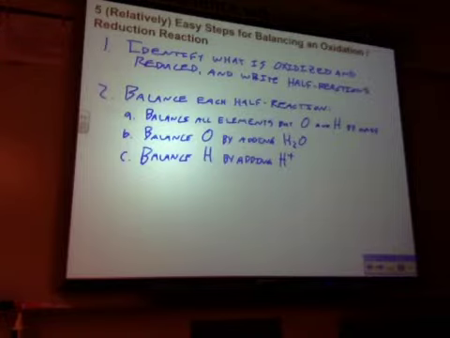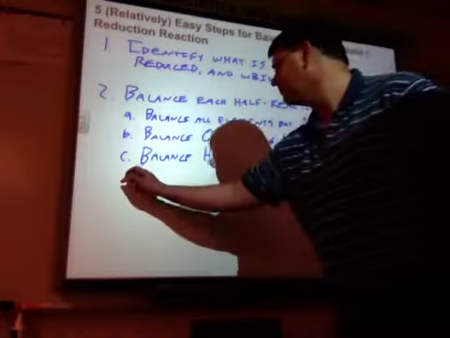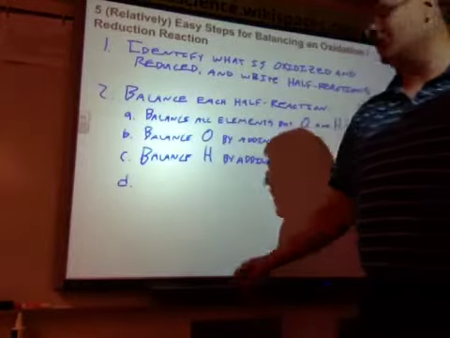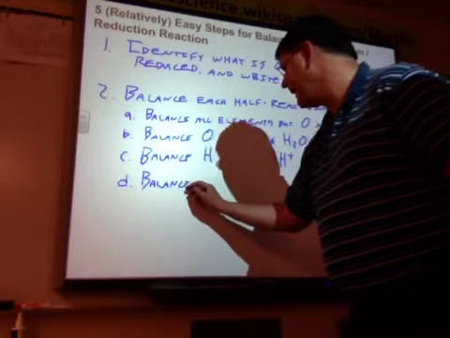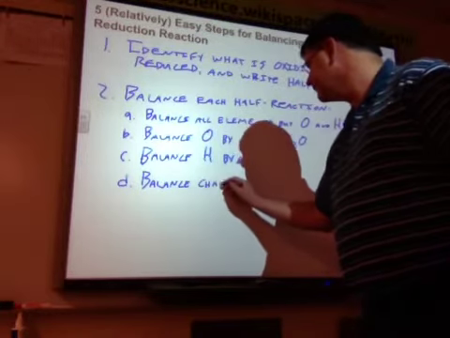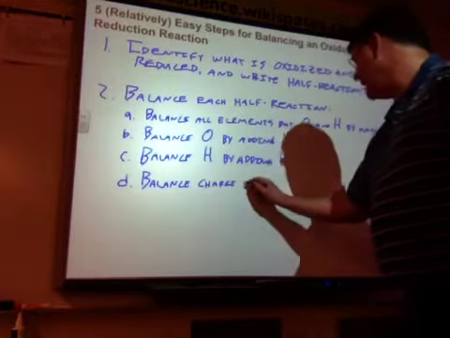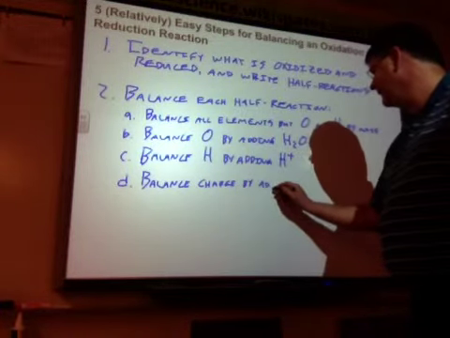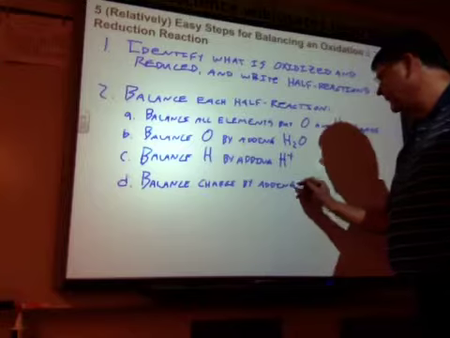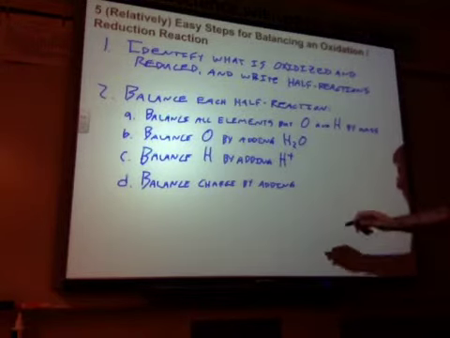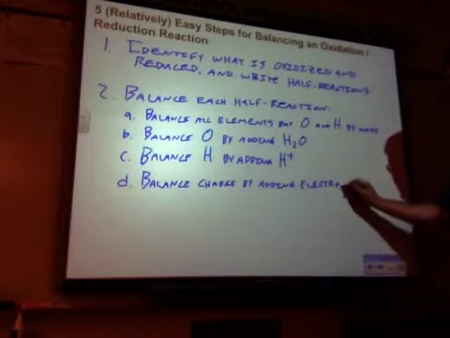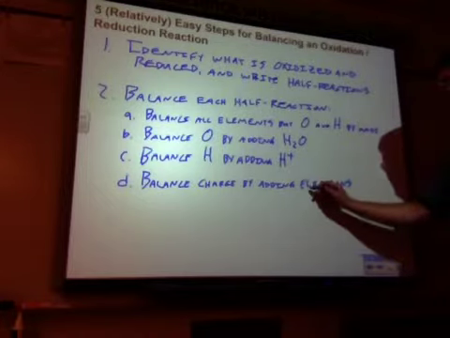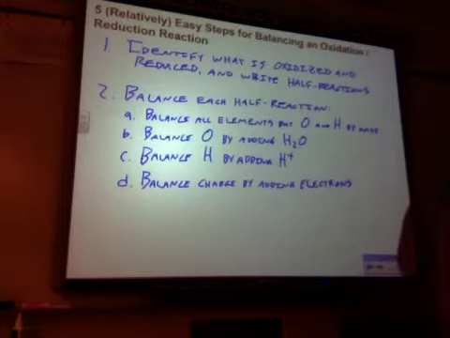So the final sub-step, sub-step D, is to balance charge by adding, ready for this? Balance charge by adding electrons. Now you're probably thinking, can we just add electrons? Well, yeah, for now.